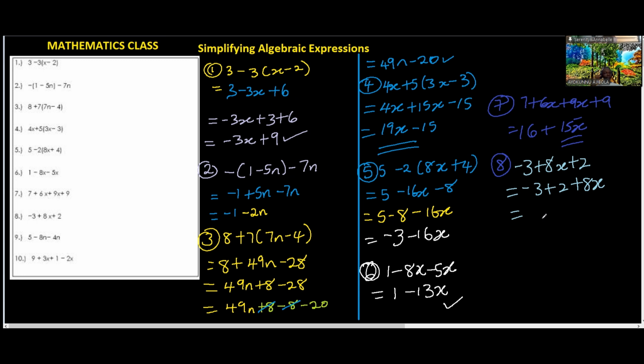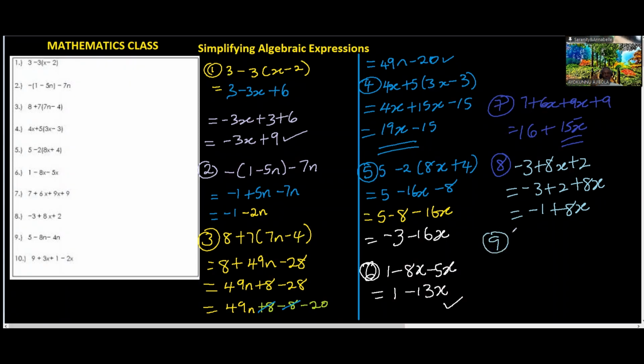If you have negative 3 and you have positive 2, 2 negative cancel 2 positive, then you have a negative left. Is that clear? So the answer is minus 1, then plus 8x.